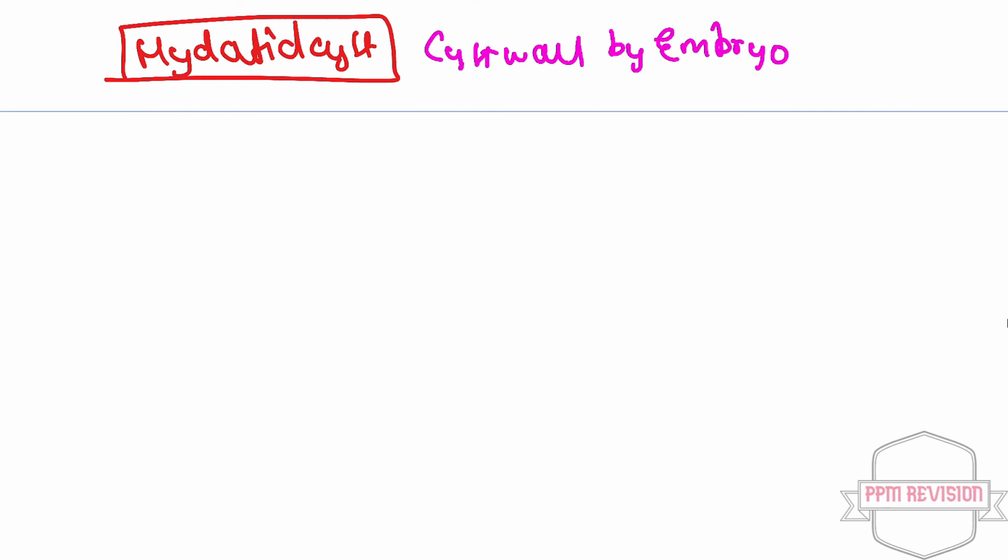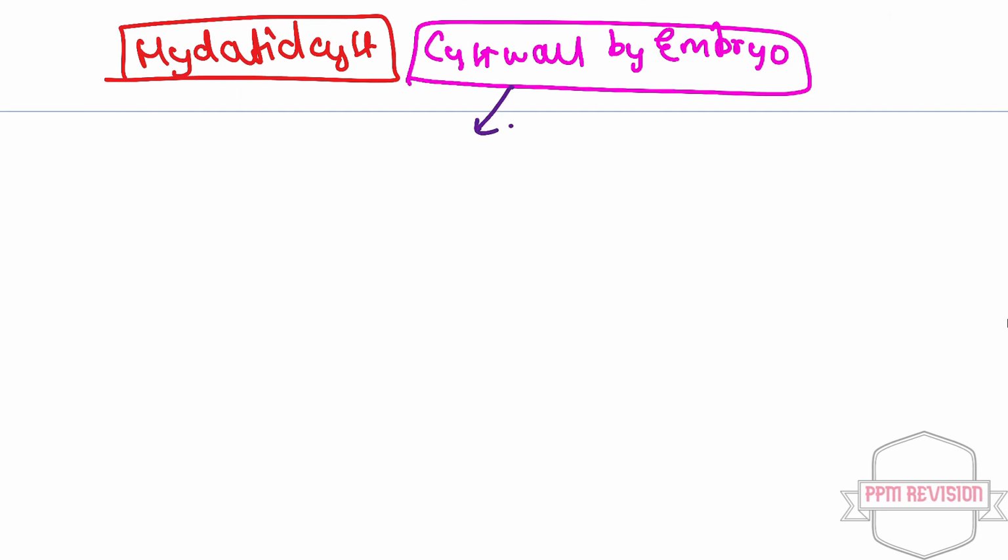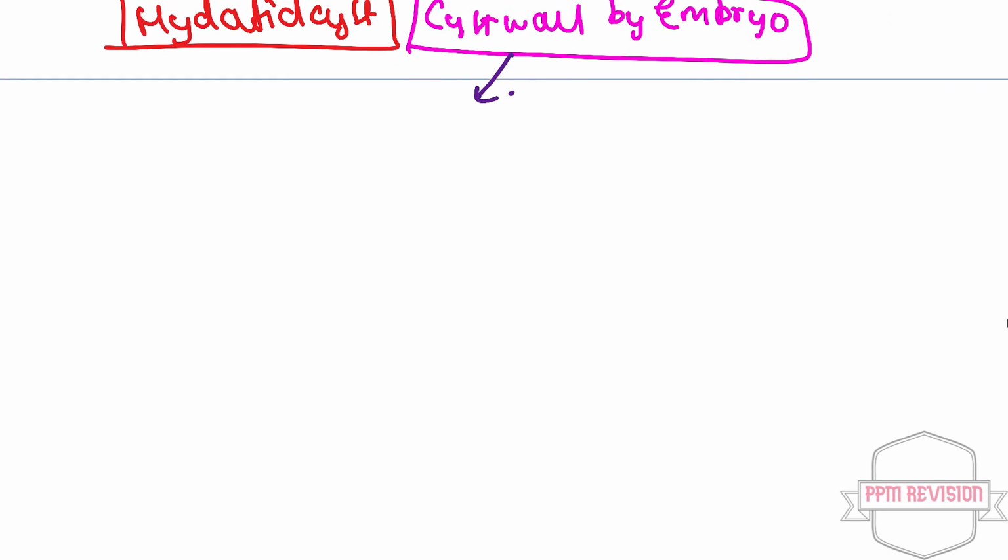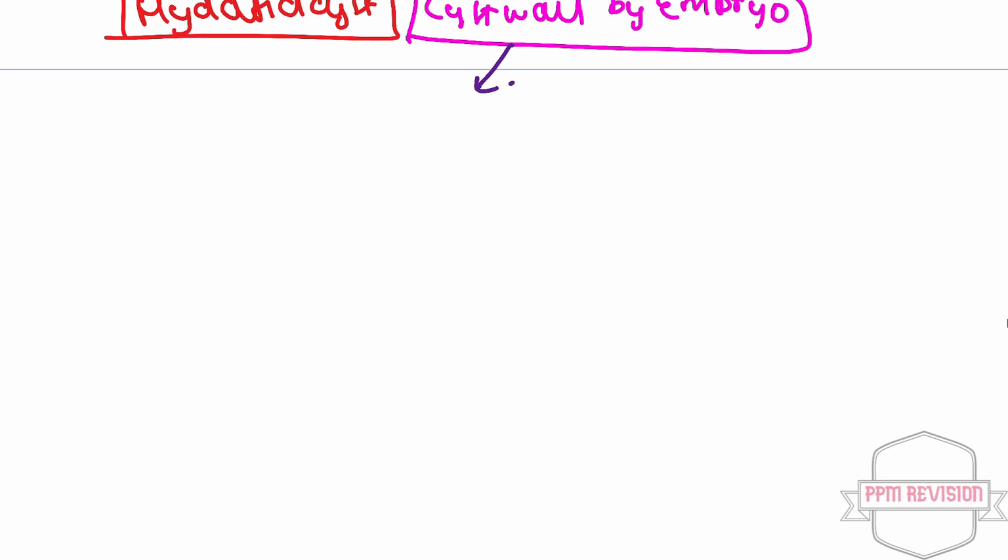And this cyst wall contains the ectocyst as well as the endocyst.